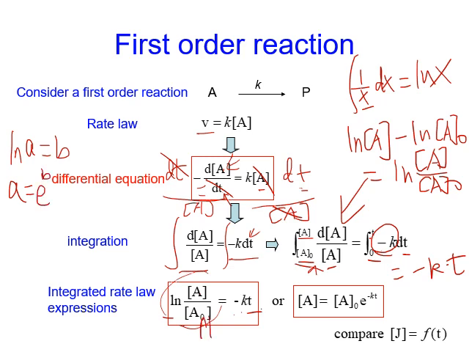So with this equation, we can write the ratio of A over A0, the initial concentration, equals e to the negative kt. Then we multiply by A0 on both sides. You have this equation: the concentration of A at any time equals the initial concentration times e to the negative kt. So that's the concentration as a function of time. Both of these are considered the integral rate law for the first order reaction.